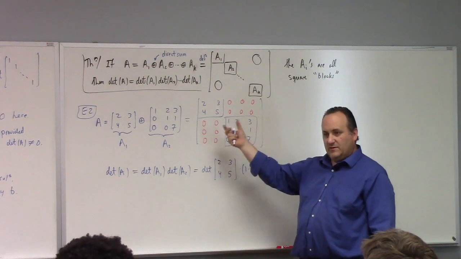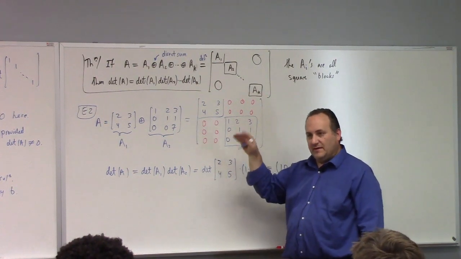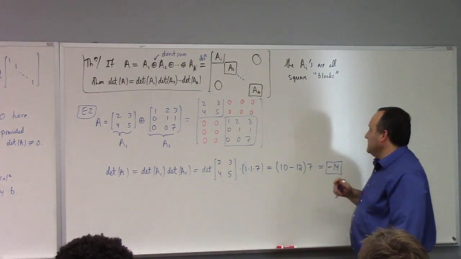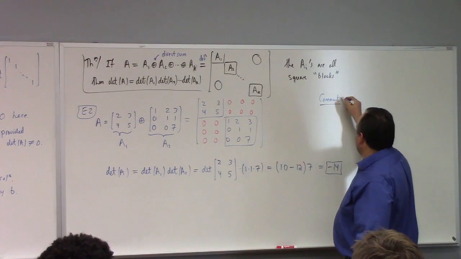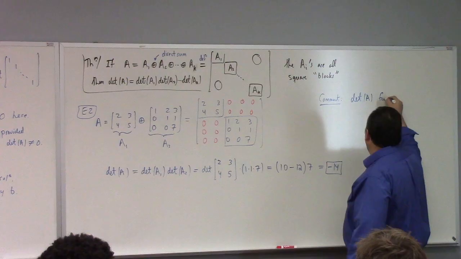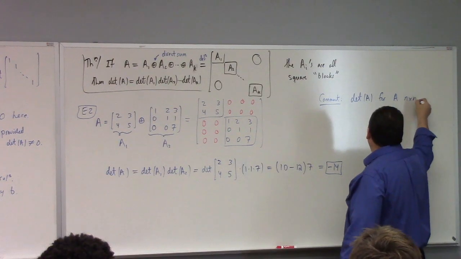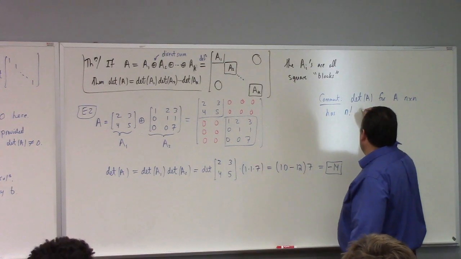So you'd have 2 4 by 4 determinants to calculate, and you'd have to go from there. It would be a real pain. Generically speaking, the determinant of A for A n by n has n factorial summands.